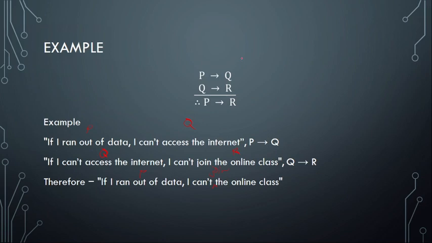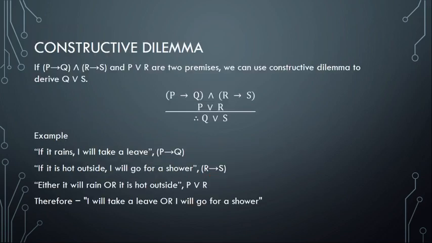The premises are: if P then Q, and if Q then R. Therefore, if P then R. That is hypothetical syllogism.